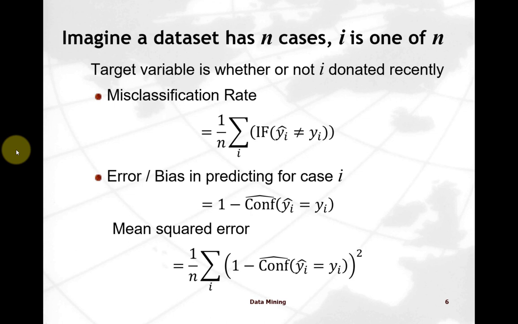Another criteria is to compare the mean square error. And in the binary target variable case, you can also use that, and it produces a somewhat different result. As you see in the overfitting lines, it produced a differently optimal model, because this model will optimize the average of the squared error, and it takes into account the confidence, not simply a misclassification, right?